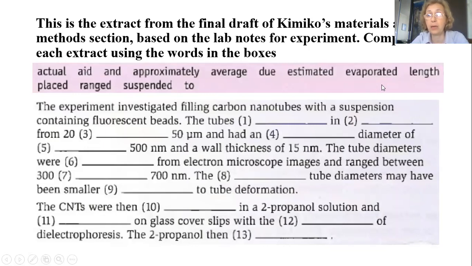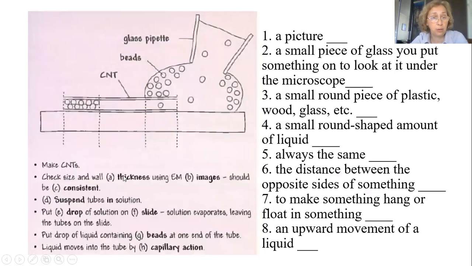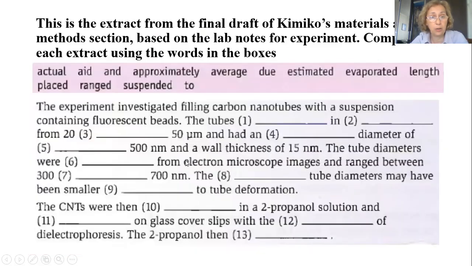Это испарение. Yes, выпаривание, да, жидкости. Length, длина, place, помещать, range, классифицировать по рангу, suspended. This is like suspend, as we have already learned, распускать в какой-то жидкости. And preposition too, okay? Well, Duman, will you start reading?